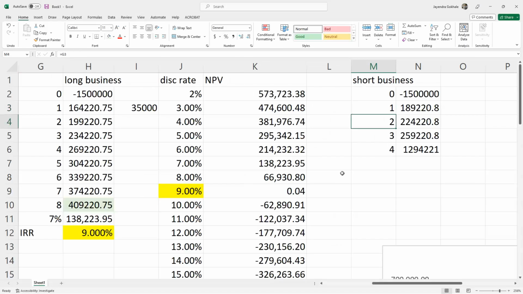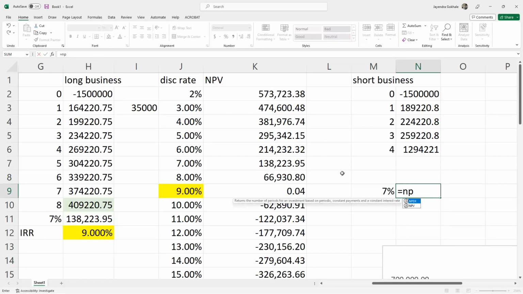Now let's find out the net present value at 7%. So equals NPV. Remember, we cannot start with the 0th cash flow. We go from the first cash flow till the end, and its first argument is rate, and these cash flows plus the initial cost.